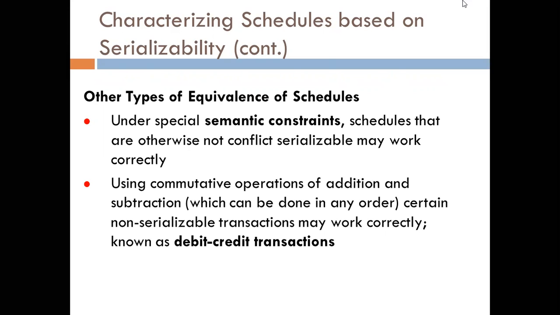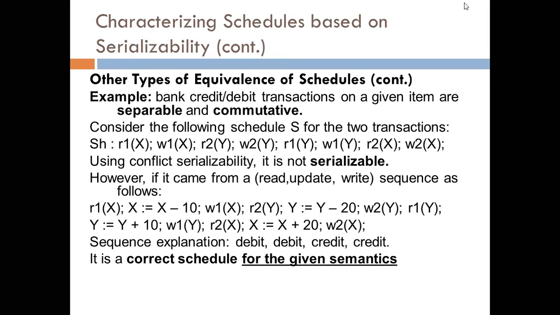Debit credit transactions have only addition and subtraction operations, and this is allowed under semantic constraints. Consider a bank credit and debit transaction on a given item, which are separable and commutative.